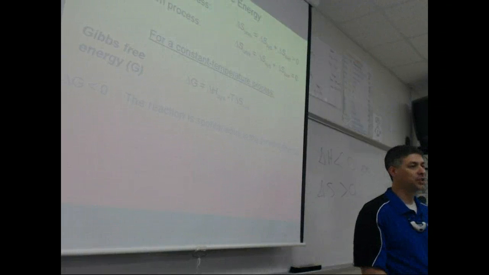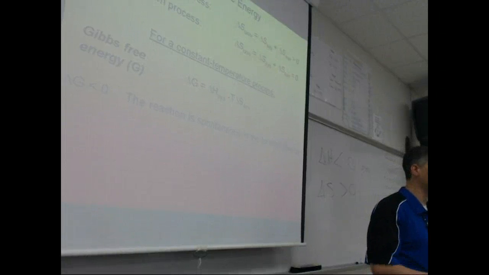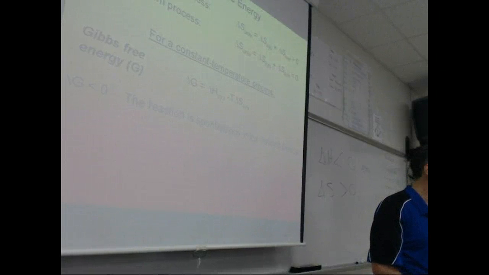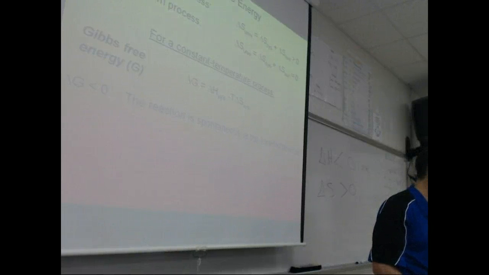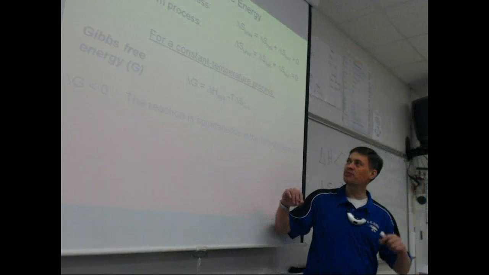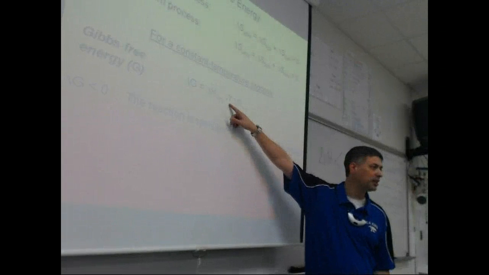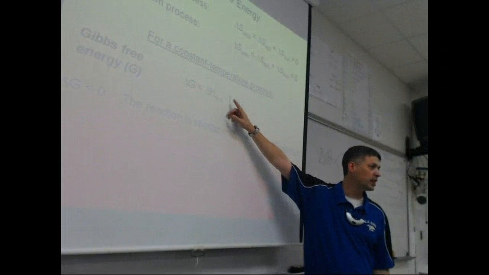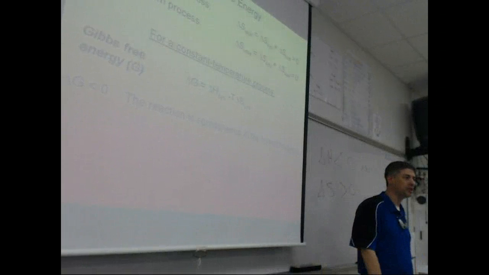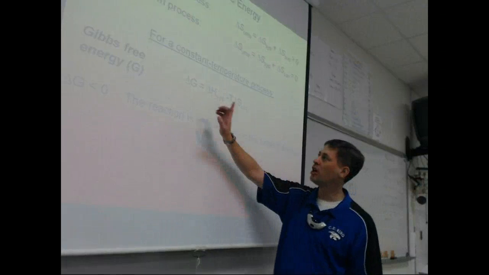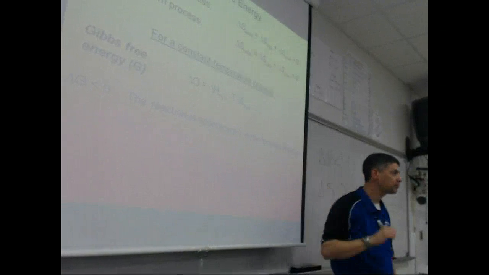If we're above 0, say at 40 degrees Celsius, water would melt spontaneously. So whether something is spontaneous or not is temperature dependent. So we've got temperature, delta H, and delta S, a nice little neat equation, and we solve for Gibbs free energy.